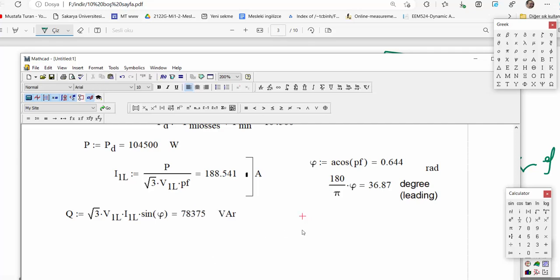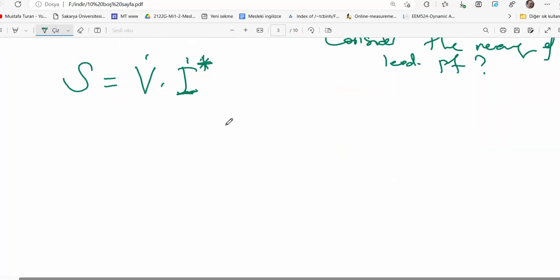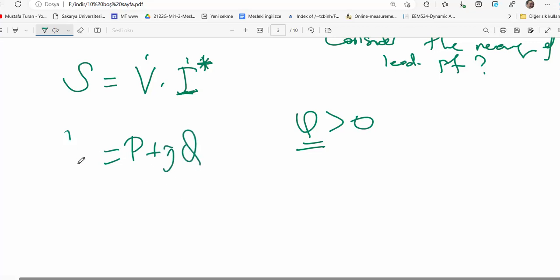Ladies and gentlemen, remember the complex power equation in electric circuit theory: voltage times current complex conjugate. So if you have a positive phi, the result would be jQ, that's the complex power, a negative due to complex conjugate.